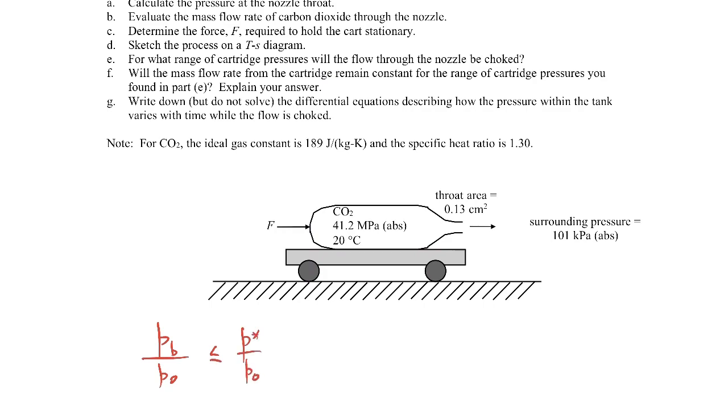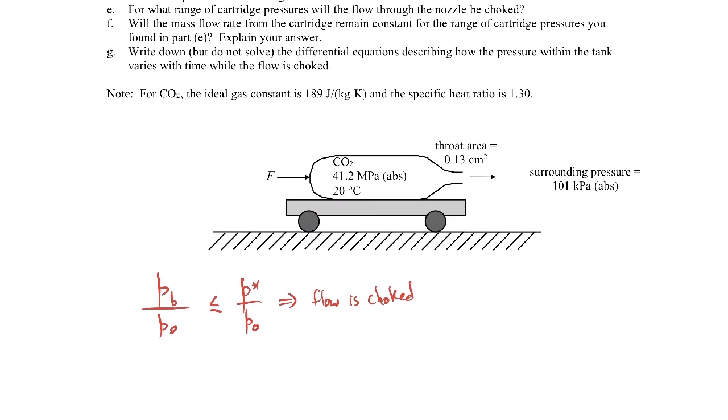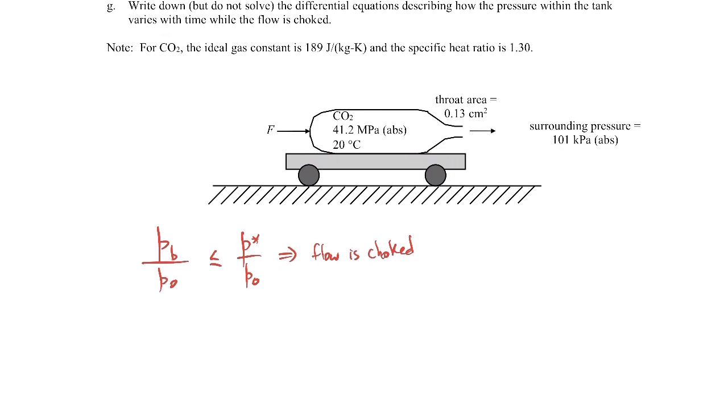And if that's true, then we'll have a choked flow. It'll be a choked flow if that's true, because the back pressure would be low enough that it's causing the flow to accelerate to sonic conditions at the throat. So that's what we're going to check.